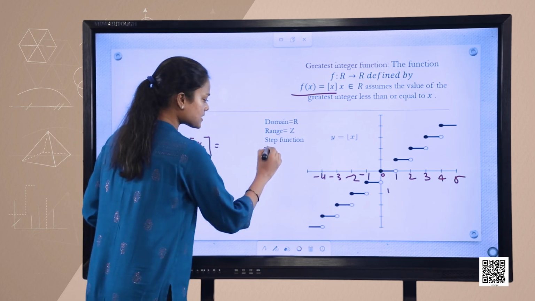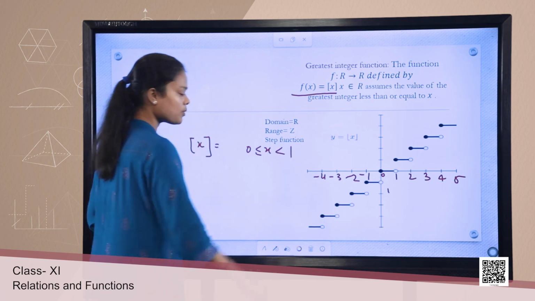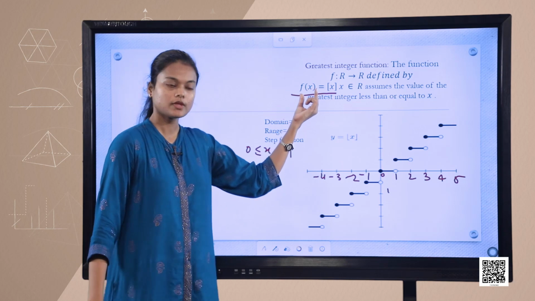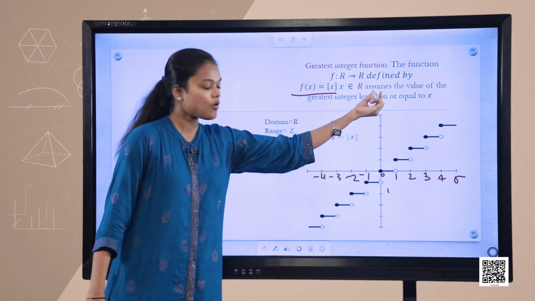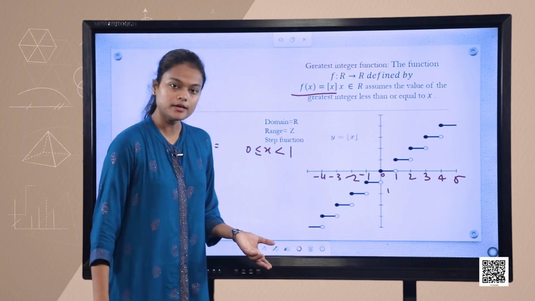So whenever my x is lying between 0 and 1, what will be the value of f(x)? As it says, the greatest integer less than or equal to x, right?